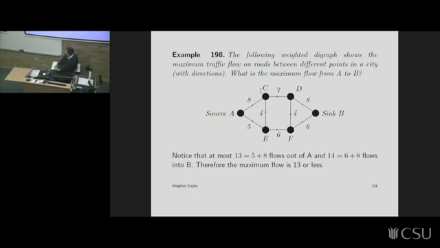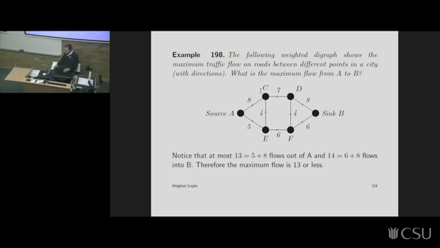So basically what we want to do is work out the maximum amount of flow we can have between 2 different points in our network. If each of the weights is the maximum amount of traffic you can fit on those roads, what's the maximum amount of traffic you can get from A to B?